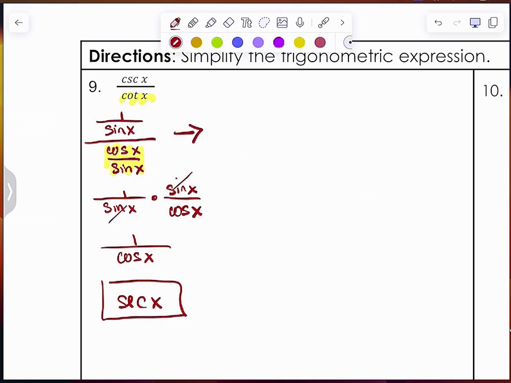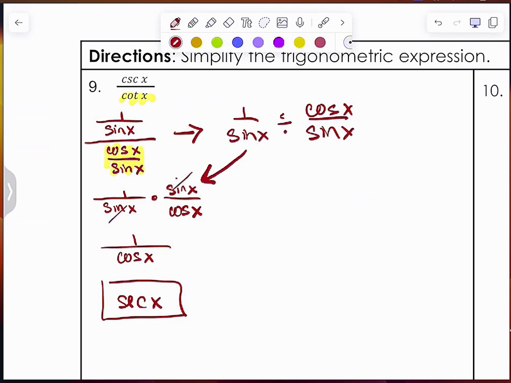Here's the extra step: 1 over sine x divided by cosine over sine. Then it rewrites as multiplication by the reciprocal. That's why. And I don't mind if you skip that step, and I don't mind if you write that step. Both of those are fine for me.